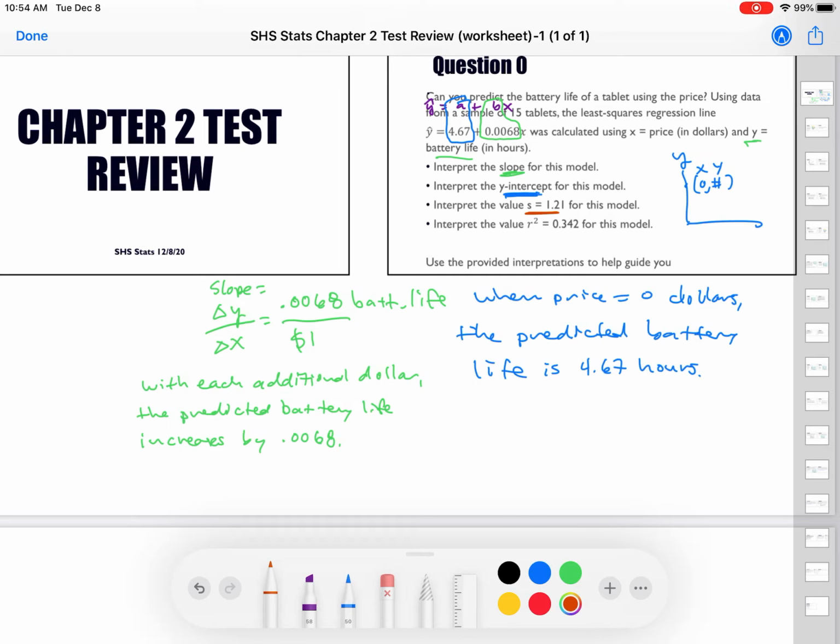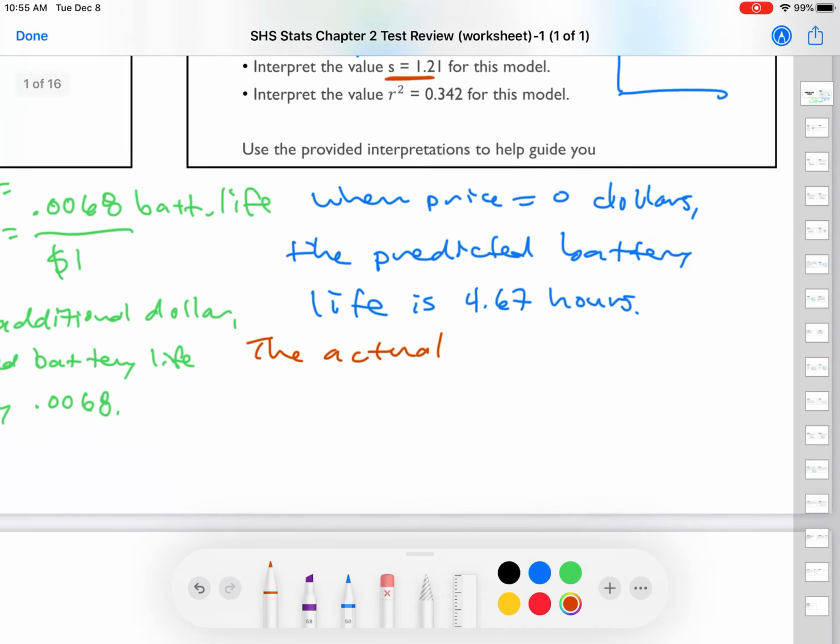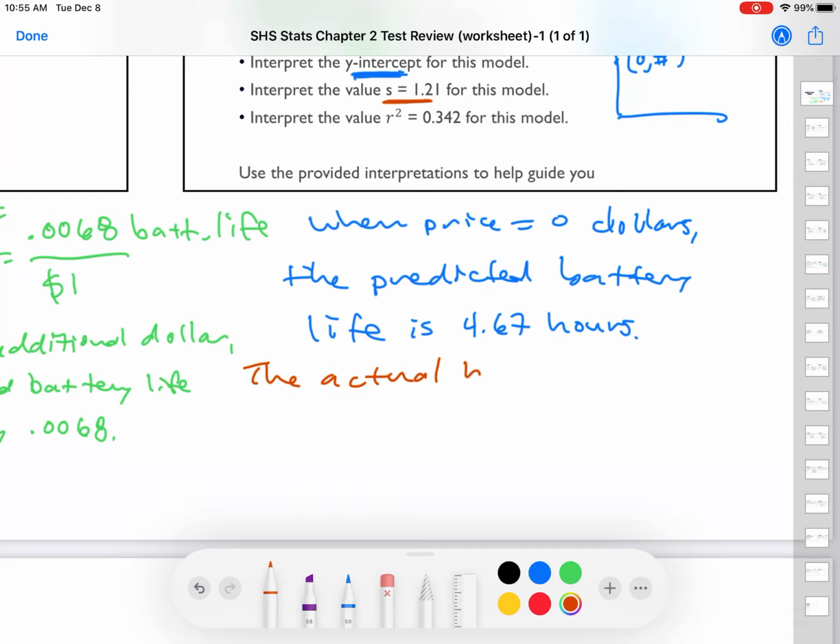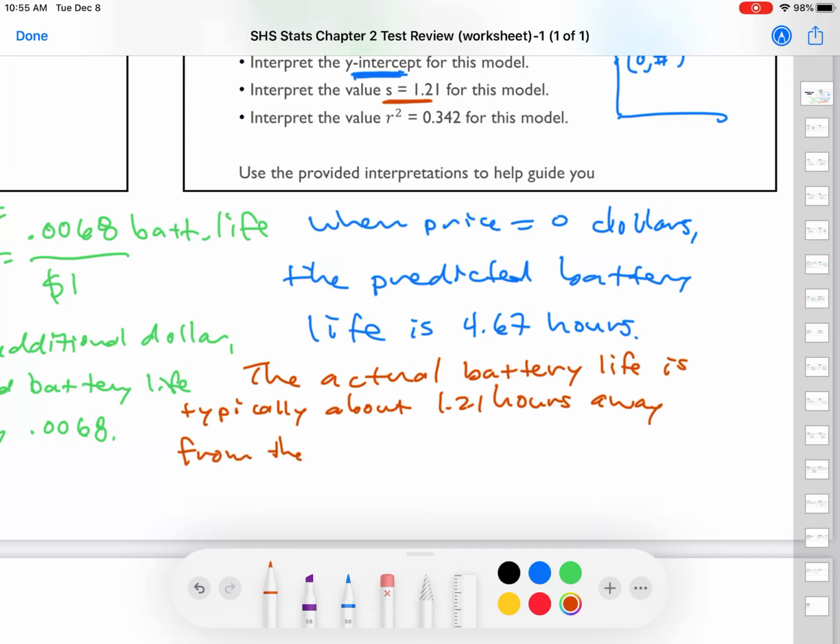So the standard deviation is the actual battery life is typically about 1.21 hours away from the number predicted by the least squares regression line, right?